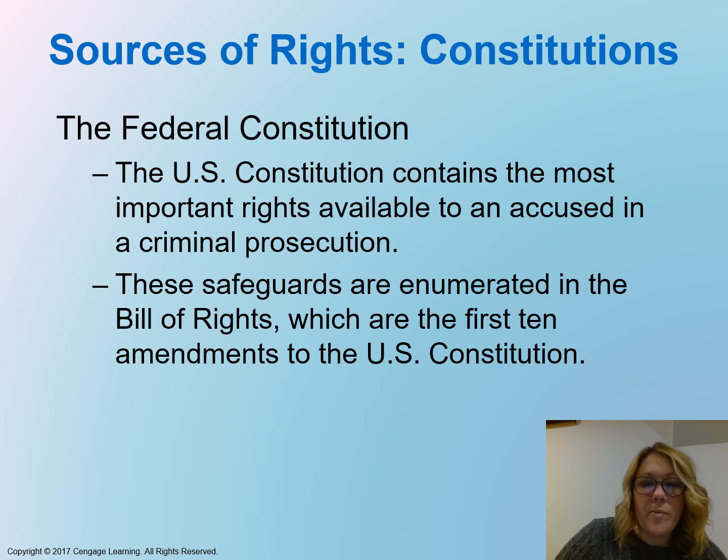In this section of your book, we're going to be talking about constitutional rights, which is the most important part of criminal law when we're looking at it, especially criminal prosecution. The first 10 amendments of the Constitution are called your Bill of Rights.